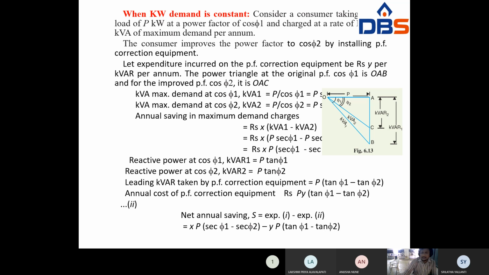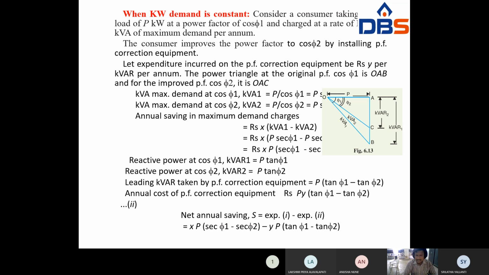Generally, from the power factor definition, cos phi is equal to kilowatt by kVA, so kilowatt is equal to kVA into cos phi. So kVA 1 is kilowatt by cos phi 1, and kilowatt is nothing but P. Therefore, P into secant phi 1 minus secant phi 2.